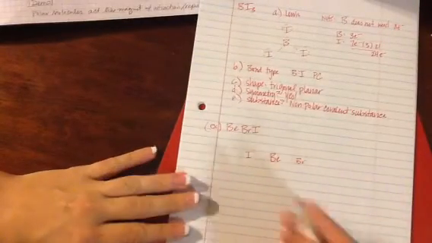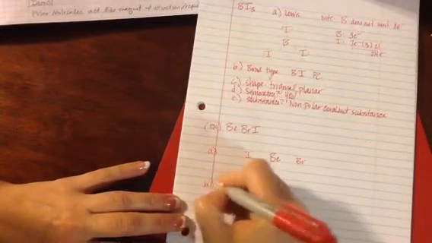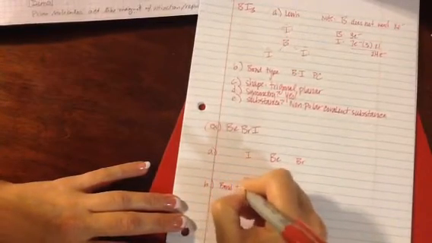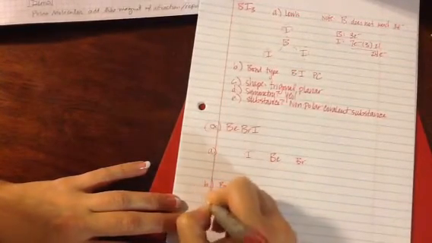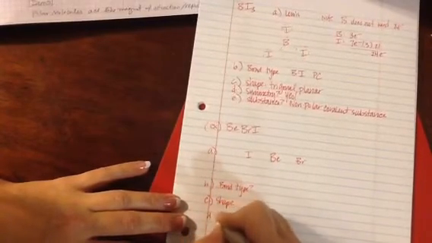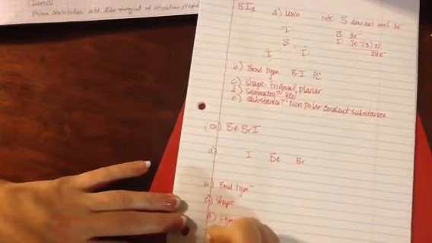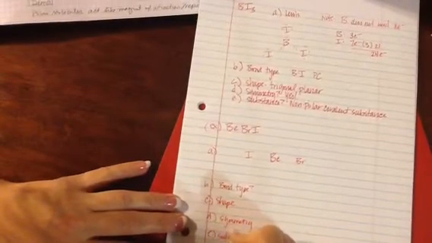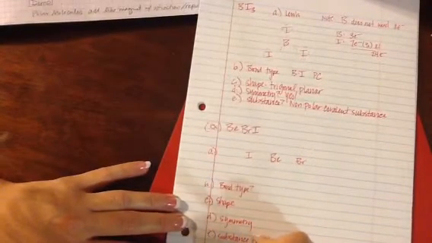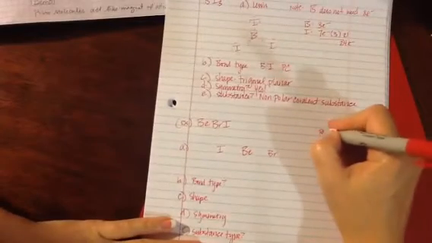And we want to know the same things. I want to know Lewis structure. So A is Lewis structure. I want to know bond type. I want to know shape, symmetry, and substance. Okay, so let's come back up here to our Lewis structure. Let's figure out how many electrons we have to give away.